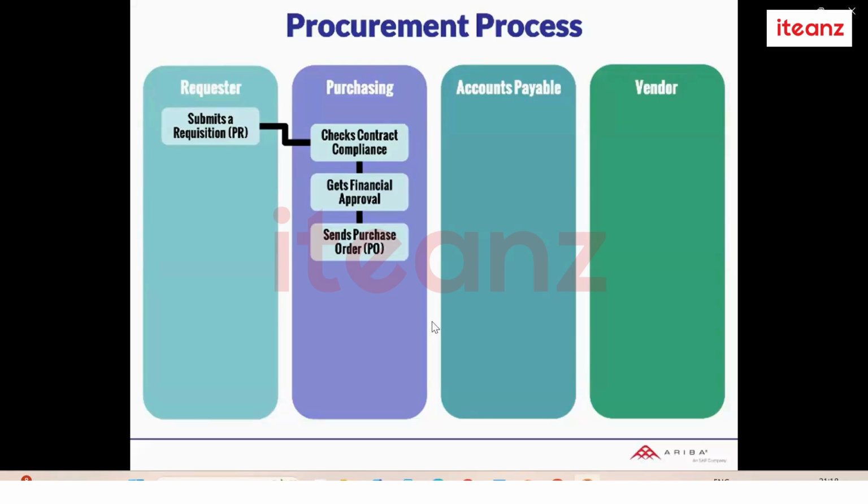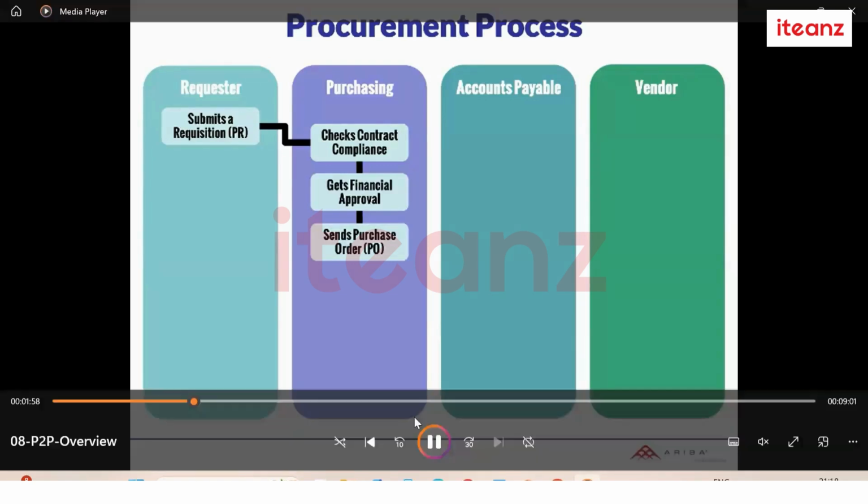Once the PR was submitted by the requester, before generating the PO, the PR needs to be approved based on the product, the financial statistics, the amount and everything. It needs to be approved in different levels. Once it was approved, the PO will generate.